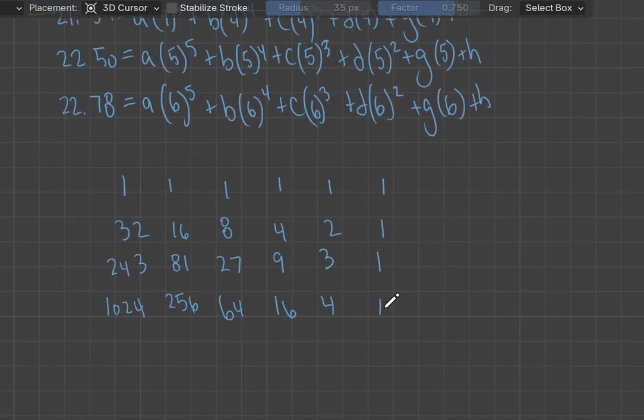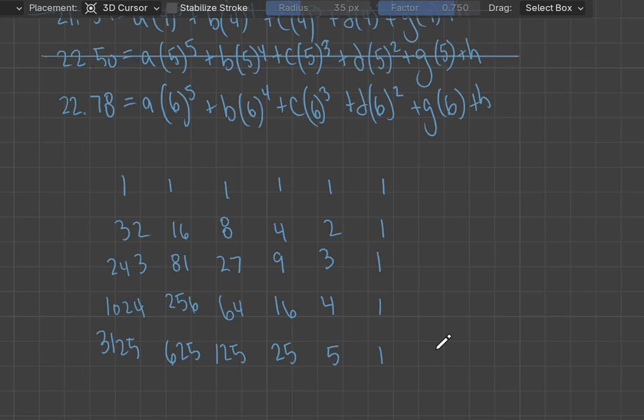And then we have h is 1 again, and we have 5, 25, then we have 125, and 625, and 3125.